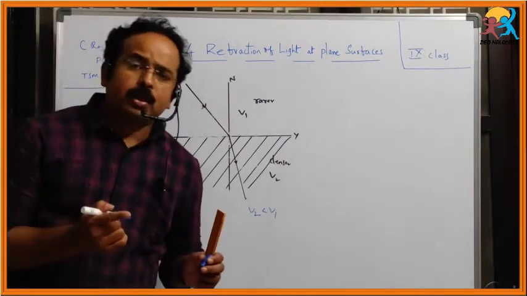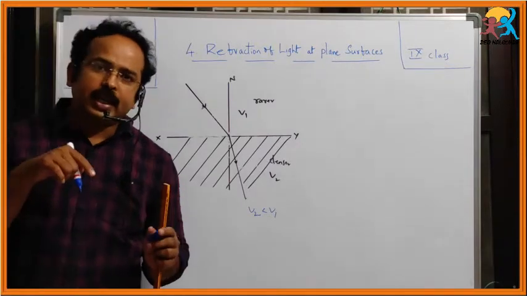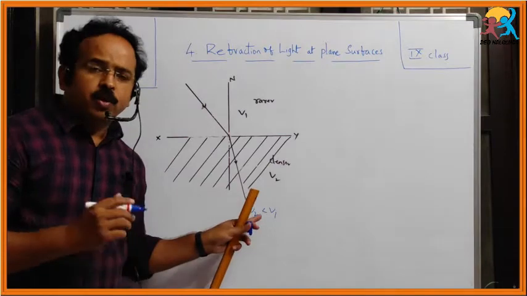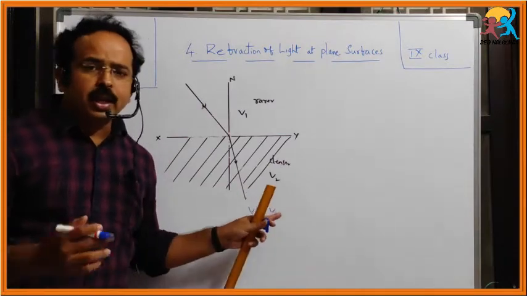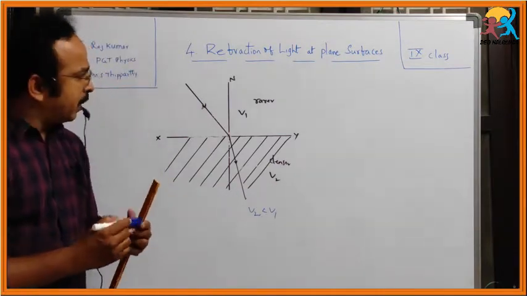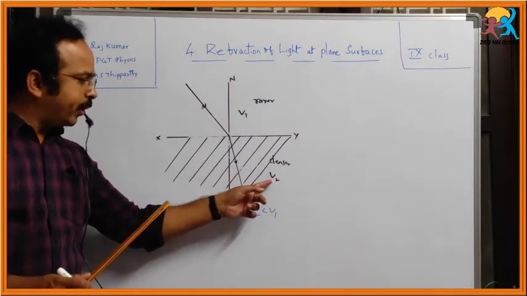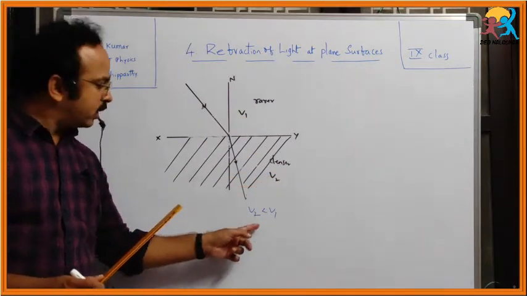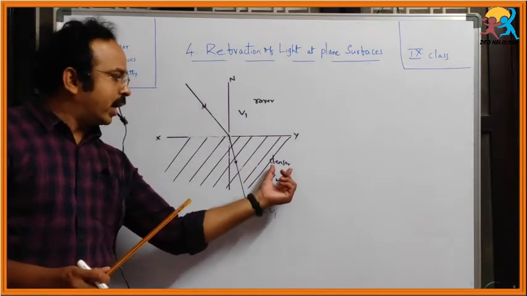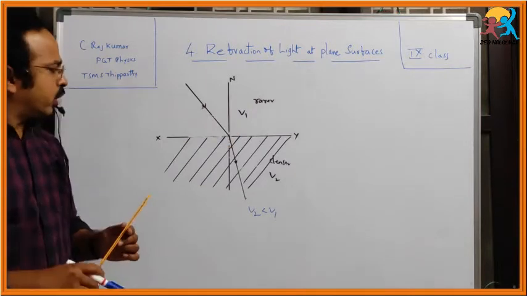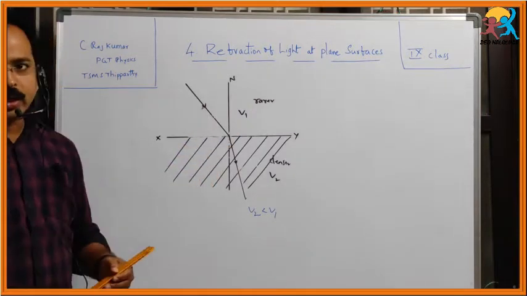So you have to remember that if the speed of light decreases in a given medium, that is the denser medium, and if the speed of light is more in a medium, it is the rarer medium. Now the light ray is coming from rarer medium to denser medium, because in this case v2 is less than v1. So in this case the light is bending towards the normal here.